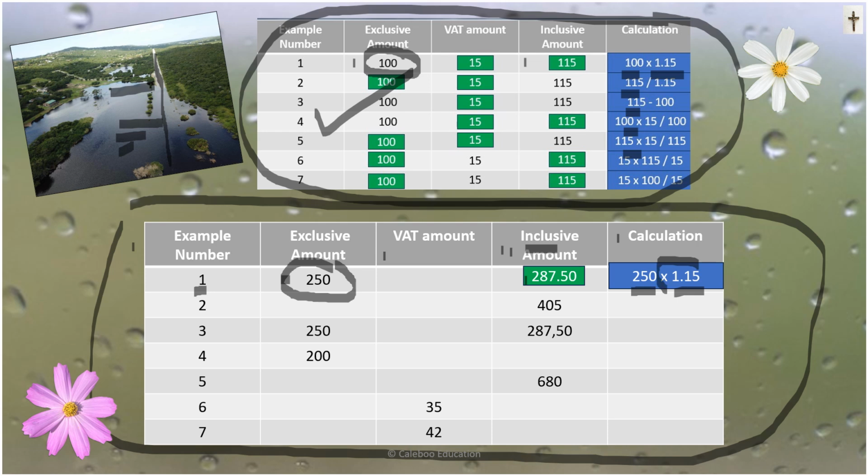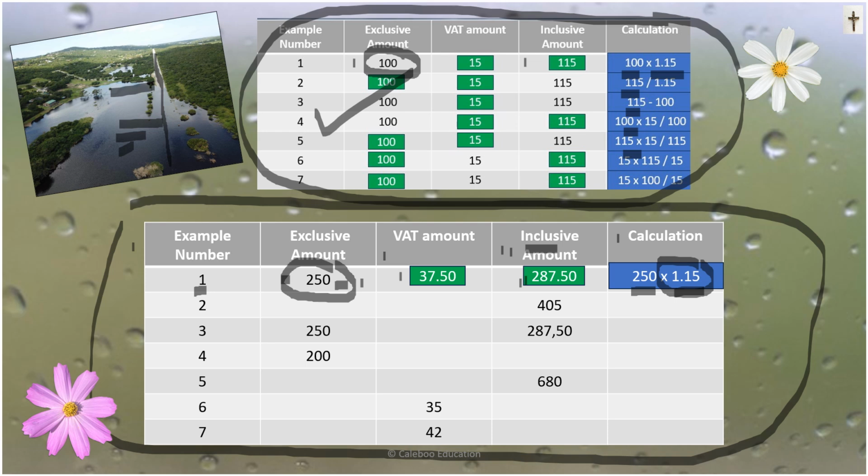So by multiplying the exclusive amount by 1.15, I get the inclusive amount of 287 Rand and 50 cents. If I subtract the exclusive amount, I get the VAT amount, 37 Rand 50.